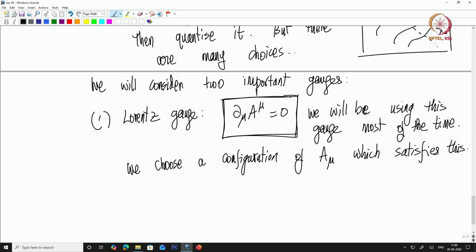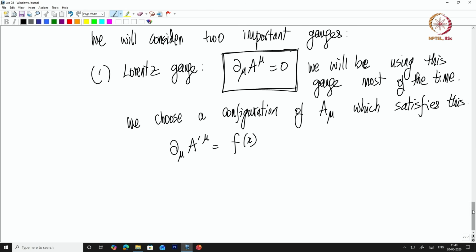Such a thing is possible, because imagine that you are given del mu A mu prime is equal to some f of x. Then we choose A mu is equal to A mu prime plus del mu of lambda.